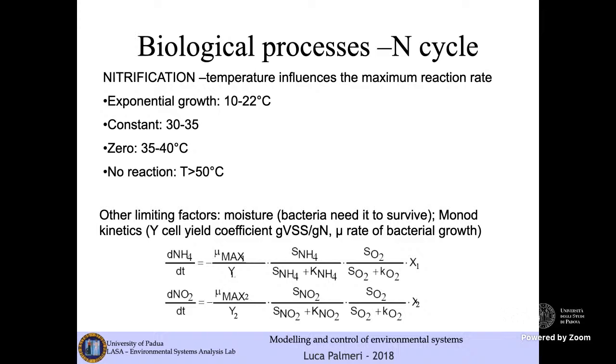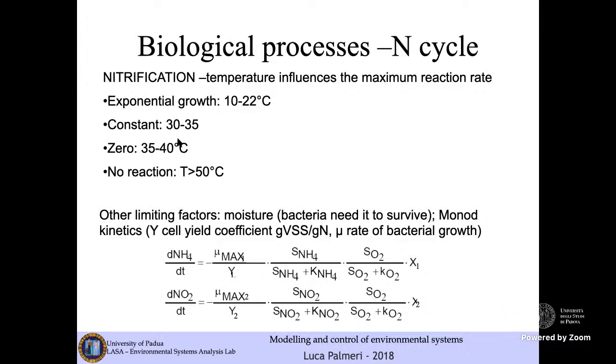We have an almost constant process rate between 30 and 35 Celsius degrees, and we have almost zero reaction between 35 and 40, and absolutely no reaction above 50 Celsius degrees. So here you have rules that tell you, in terms of temperature, in which range of process speeds you will find nitrification.